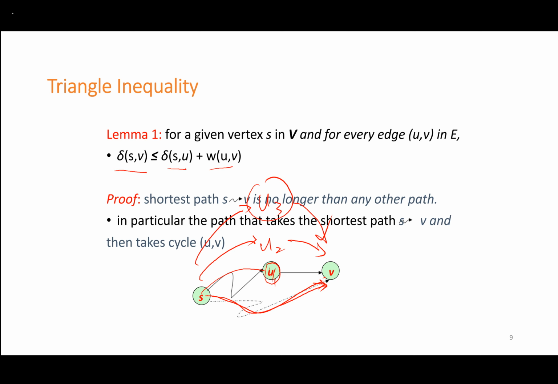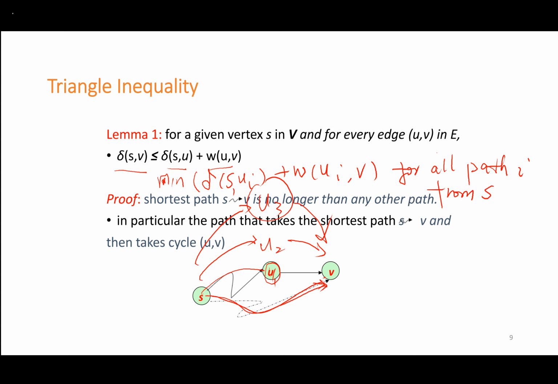So this will be the minimum of all these S to U_i plus U_i to V, for all paths i from S to V through U_i, right? So we extended that.